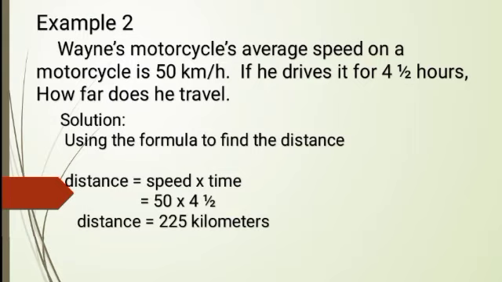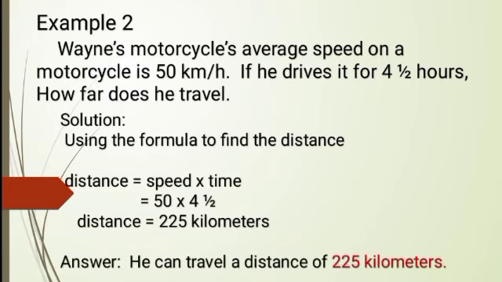Distance is equal to speed times time. The given are, for speed, we have 50 km per hour multiplied by 4.5 hours. So we have distance is equal to 225 kilometers. Answer, he can travel a distance of 225 kilometers.